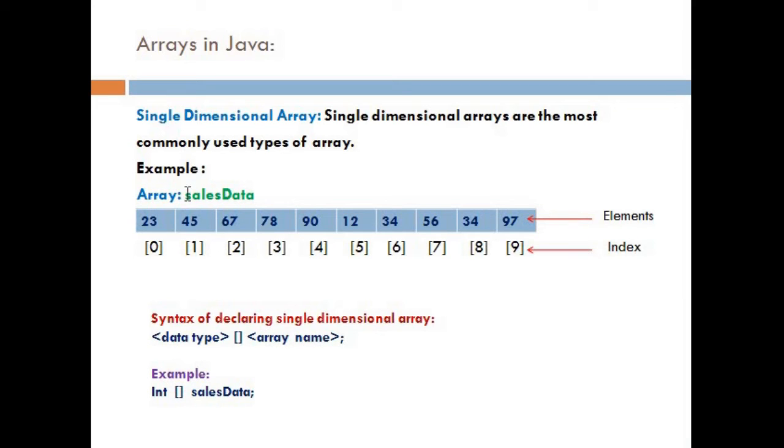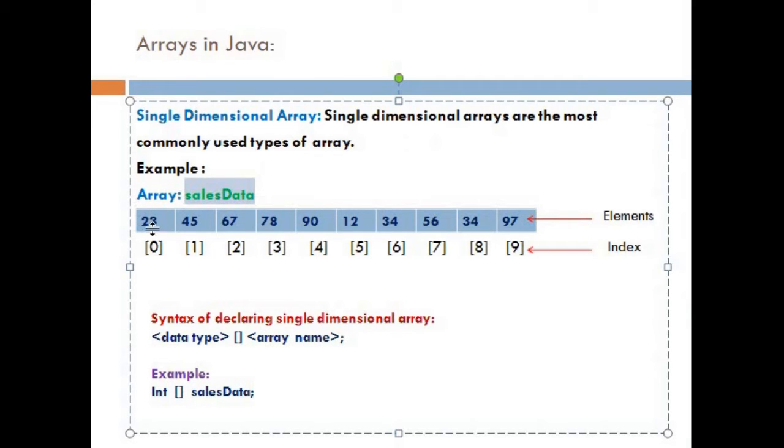Now in our case, this variable sales data is an array variable because it consists of a range of elements starting from 23, 45 till 97. So we have to declare this array variable sales data like this: int box followed by the array name, which is sales data, and then end it with a semicolon.